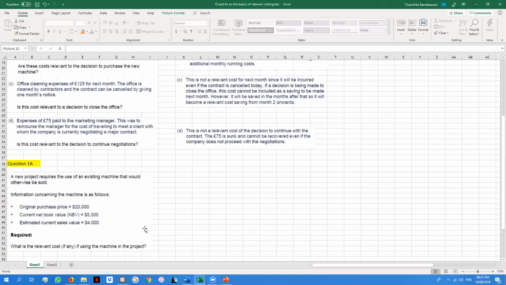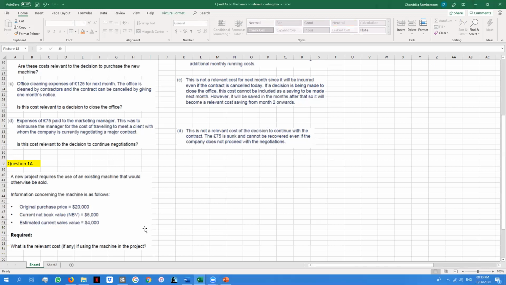The original purchase price was incurred in the past. That's a sunk cost. Secondly, the net book value.